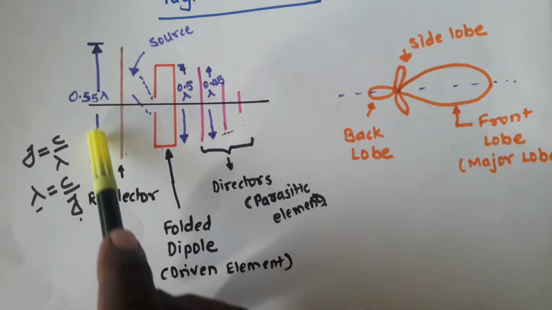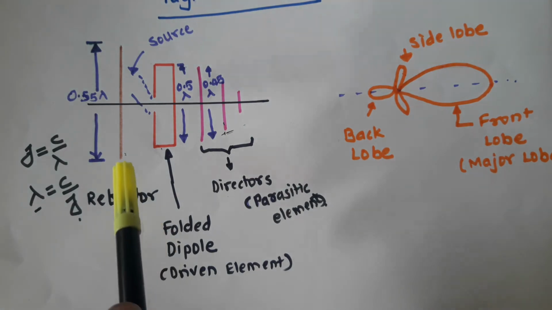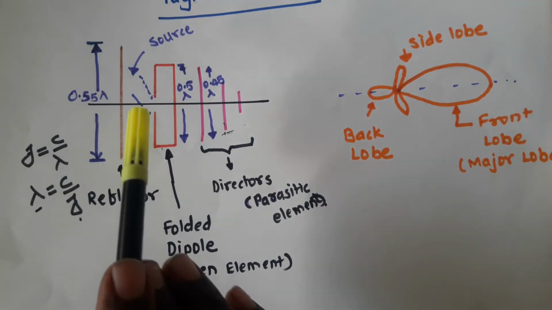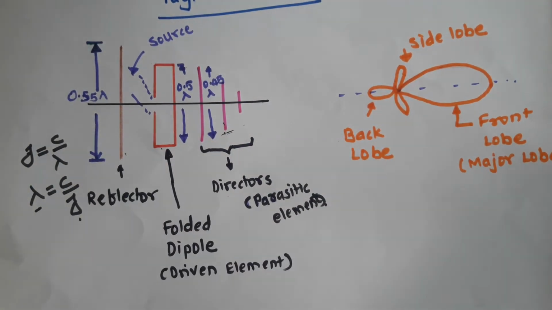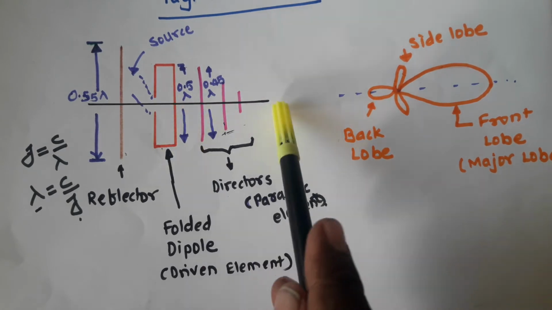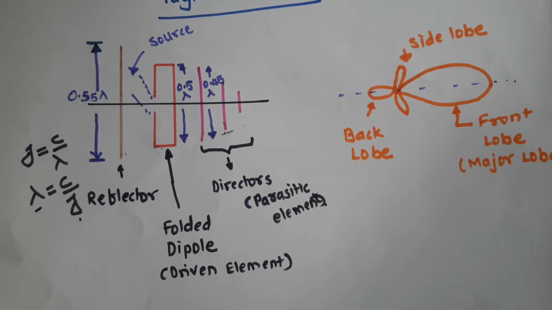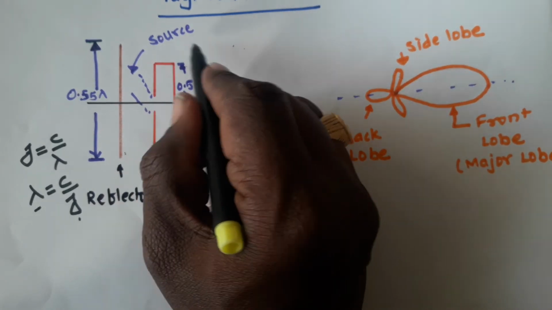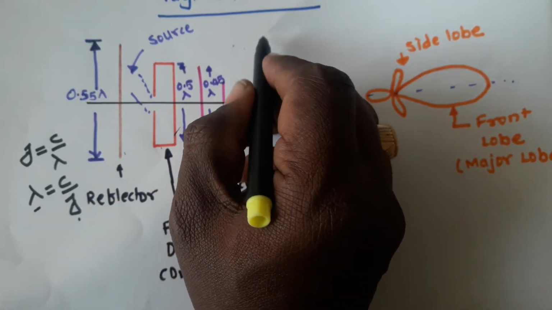Why are we using this reflector? Because the reflector resists or prohibits the back wave radiations from the folded dipole. If the dipole is radiating in both directions, as we know the radiation pattern of the folded dipole is nothing but a figure of 8.